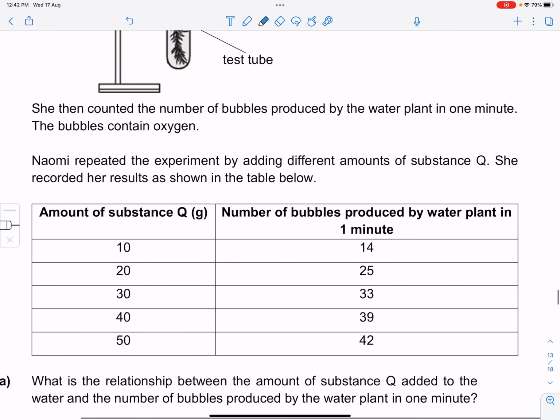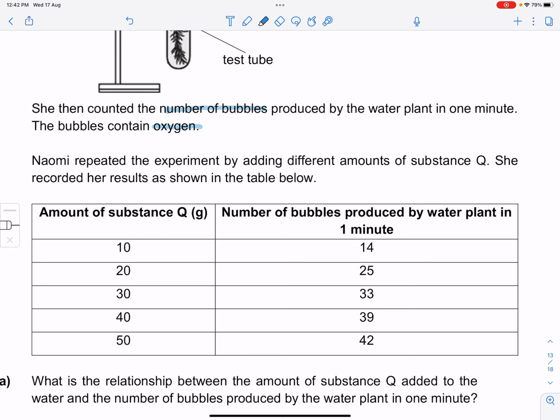I'm not saying that you should just jump to answer it. I'm just saying that these are the things that should flag up in your mind. She then counted the number of bubbles produced by the water plant in 1 minute. The bubbles contain oxygen, very consistent with our theoretical knowledge because we know that in photosynthesis, oxygen is produced.